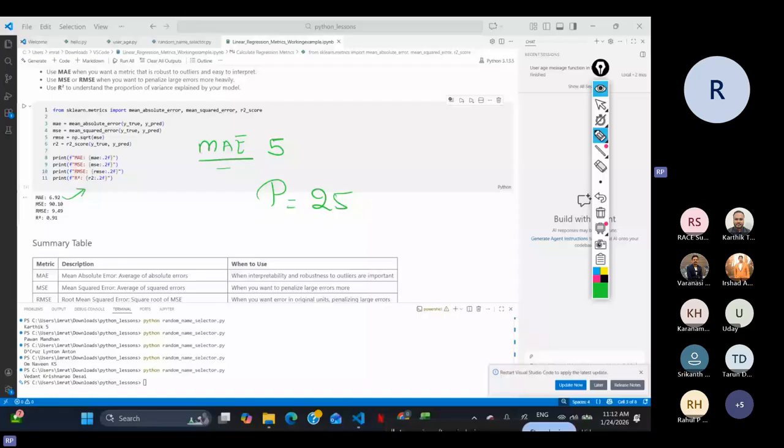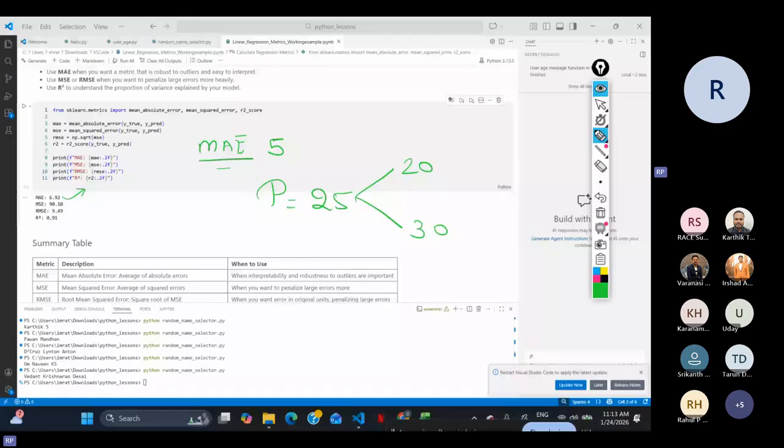Because of your mean absolute error of 5, your predicted values are off from the actual value by 5 units. So what could be the actual value over here? The actual value could be either 20 or 30, right? So it's giving you the interpretation that on average, you're off by 5 units.